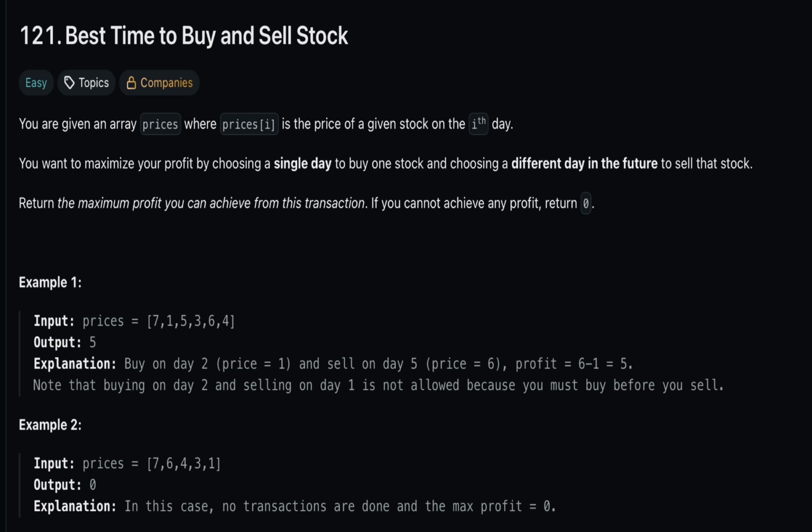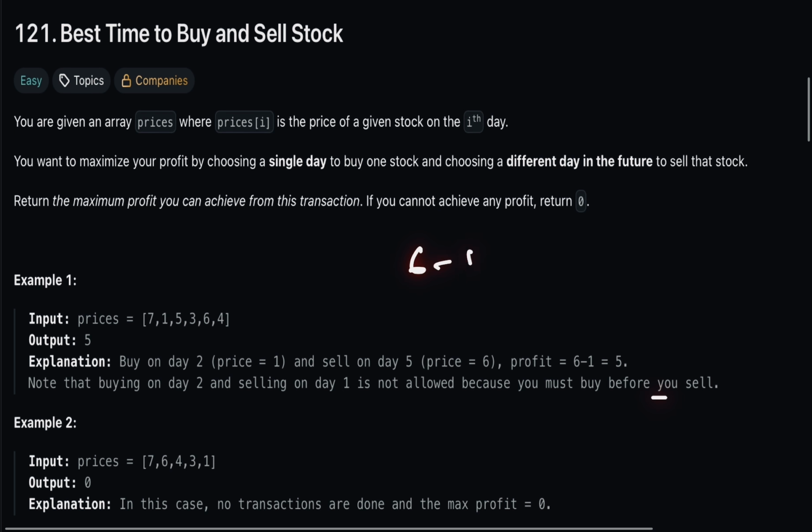So just skip the first day. The next day the price of the stock is 1. If you buy the stock on the second day at price 1, then sell it on the fifth day at price 6, then 6 minus 1 is equal to 5.